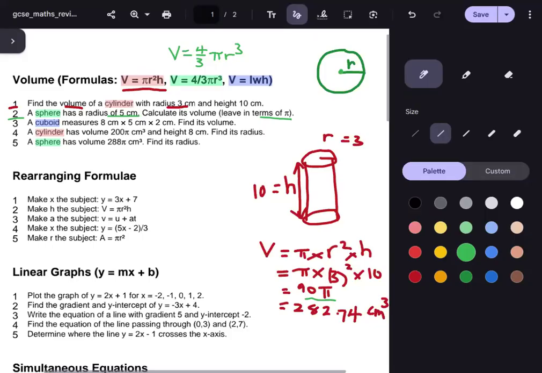So is it 4 divided by 3 times pi times r squared? I wrote it up here as well. Okay. So this is the formula for volume of a sphere. Now, how do you write R? R is the radius, so R in this question is 5.